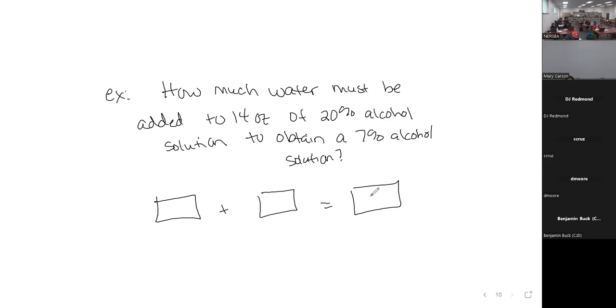How much water must be added to 14 ounces of 20% alcohol solution to obtain a 7% alcohol solution? Give y'all a second, write that down.